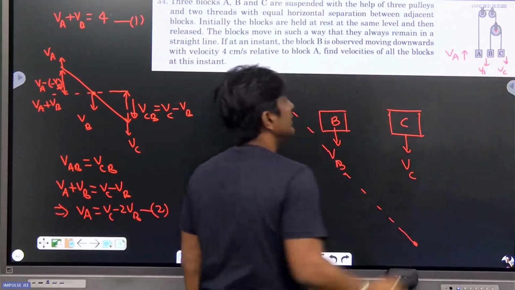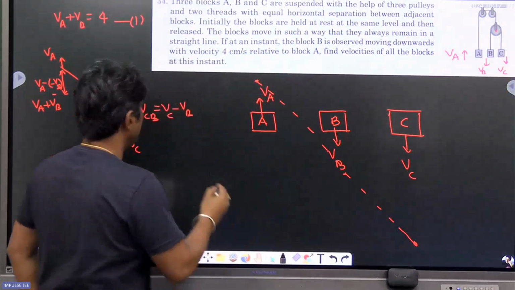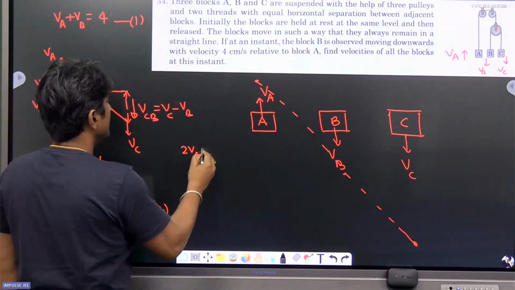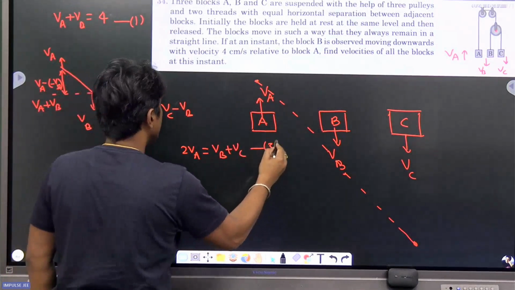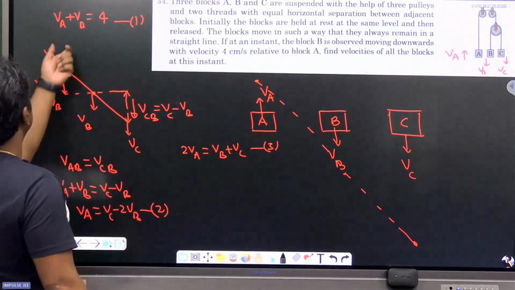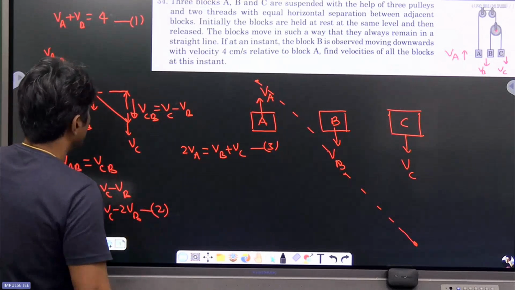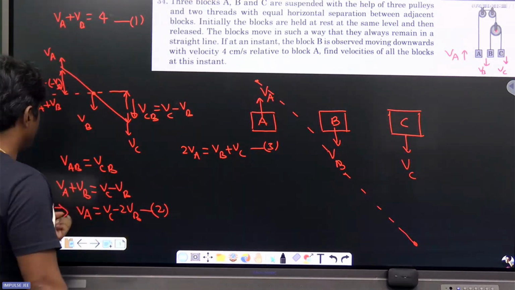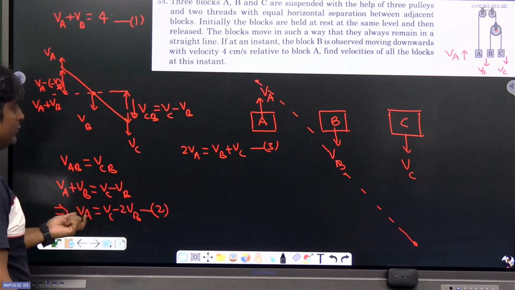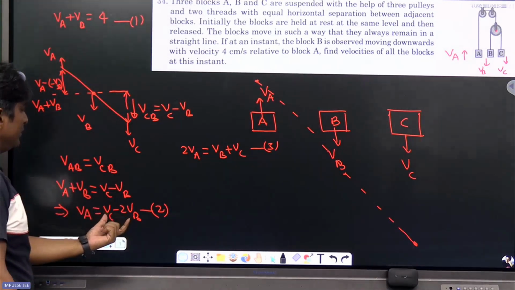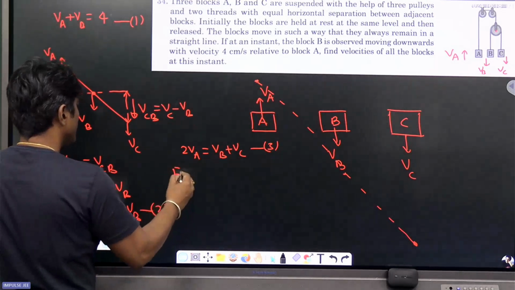So if you apply the constraint relationship concept, then directly we can write 2VA is equal to VB plus VC, this is your equation number 3. So we have VA and VB, so if you substitute the values, multiply with 2 here.